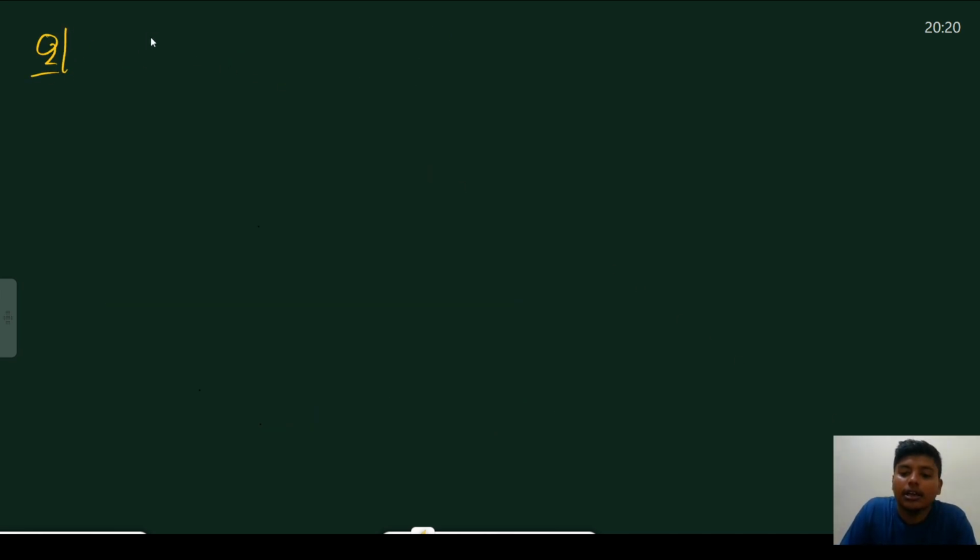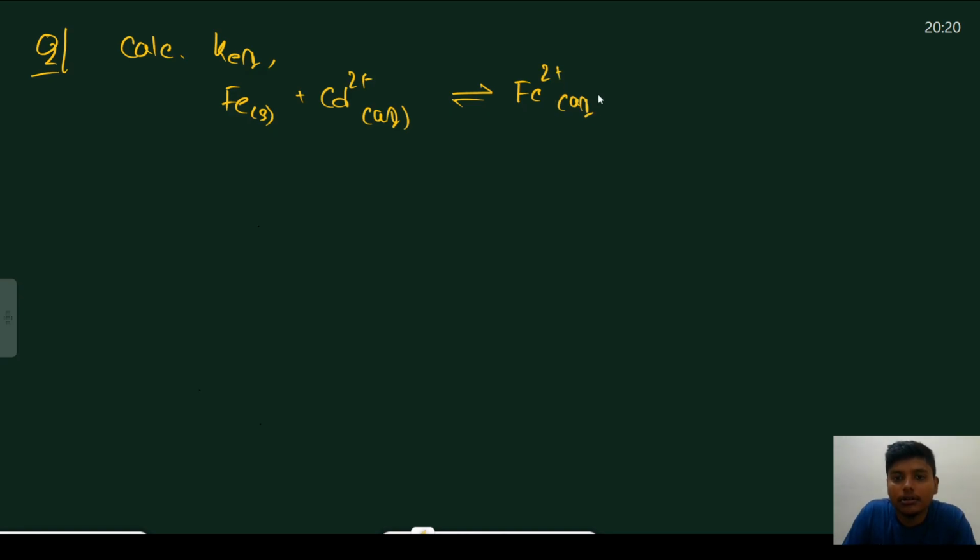Question is, calculate the equilibrium constant for the reaction iron plus cadmium 2 plus aqueous is in equilibrium with iron 2 plus aqueous plus cadmium solid.